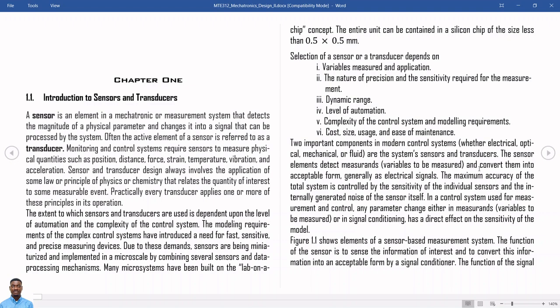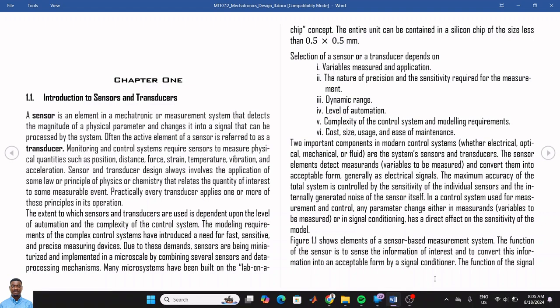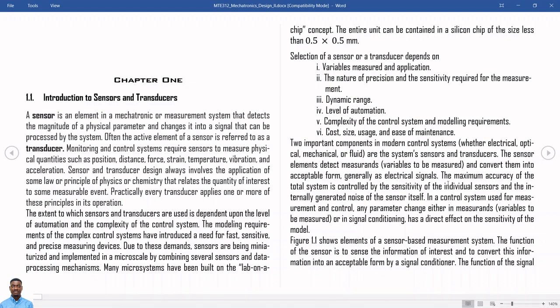And it converts it into an acceptable form, generally electrical signals. What I've explained earlier is that your sensor detects the magnitude of the physical parameter and changes it into an electrical signal, either voltage or current, as the case might be for the sensor design.